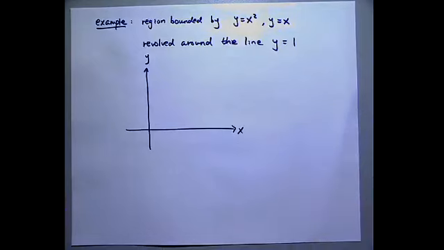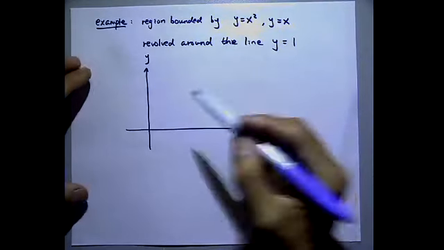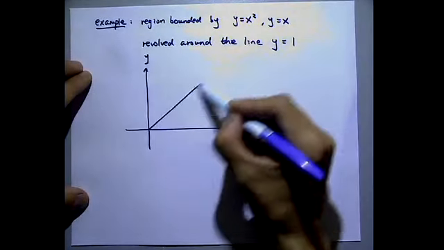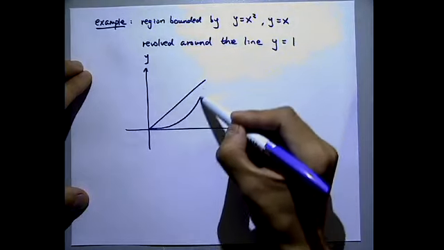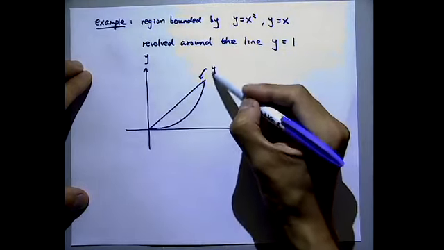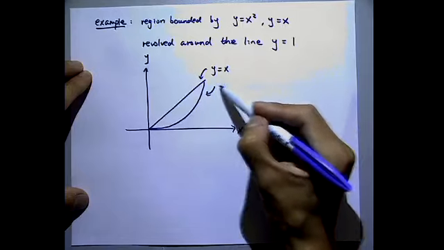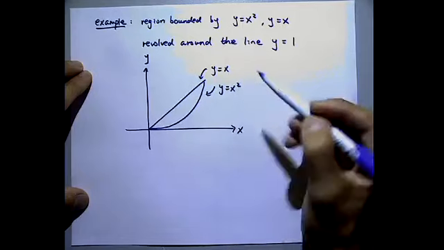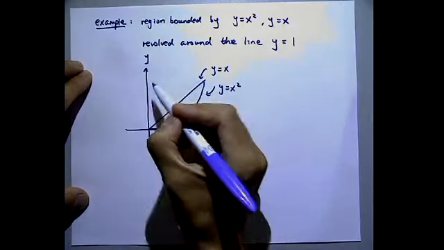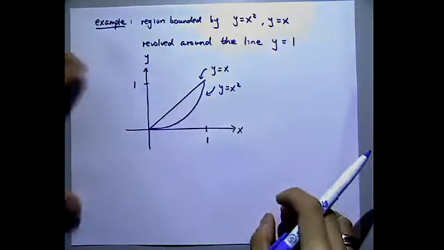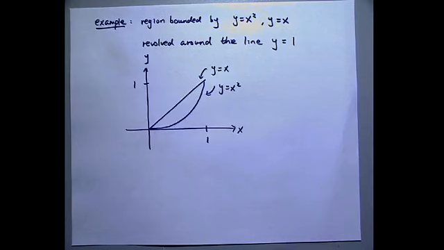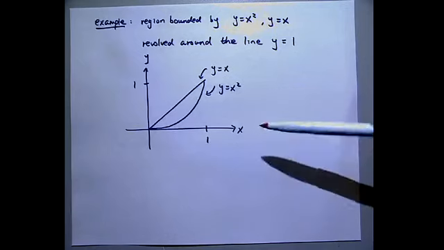Okay, the same region we just saw, so let's just get there quickly. And we know these two curves intersect at 1, 1. Now this time, last time we revolved around the x-axis.